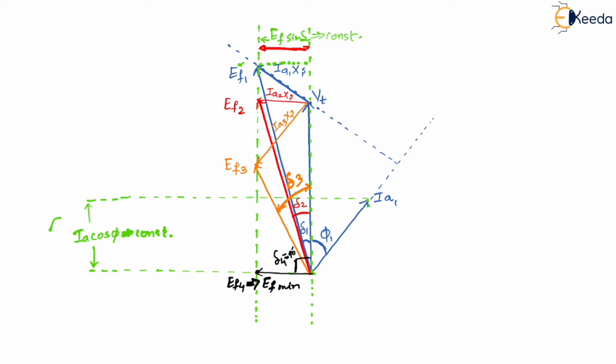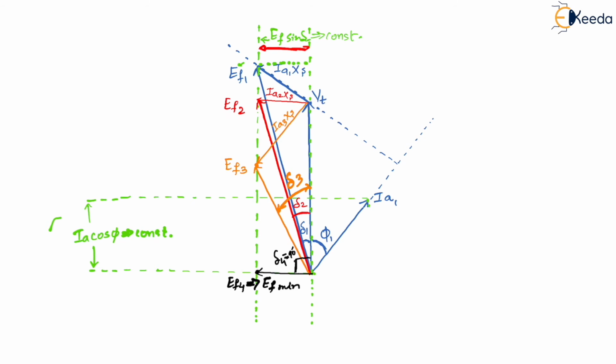If I decrease it even more, it will move even more down, which means beyond 90 degrees. Beyond 90 degrees is the unstable region. We have seen that earlier as well. Correct? Yes. So let me consider this way.